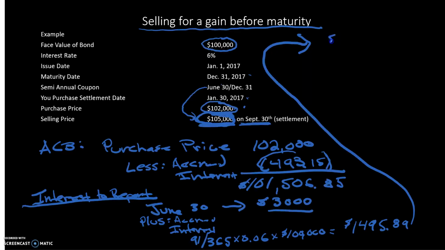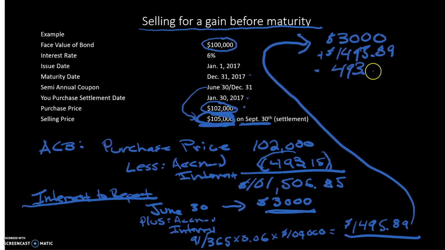Then we're going to add in this $1,495.89 from down here. That's money due to me, that's positive to me. And then we're going to subtract this $493 that I originally had to pay to the original seller of this bond.